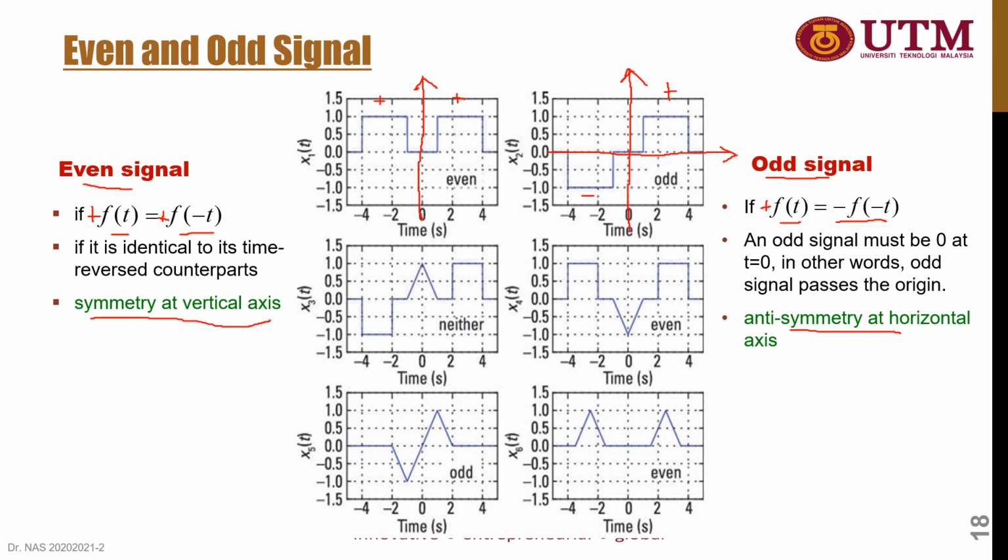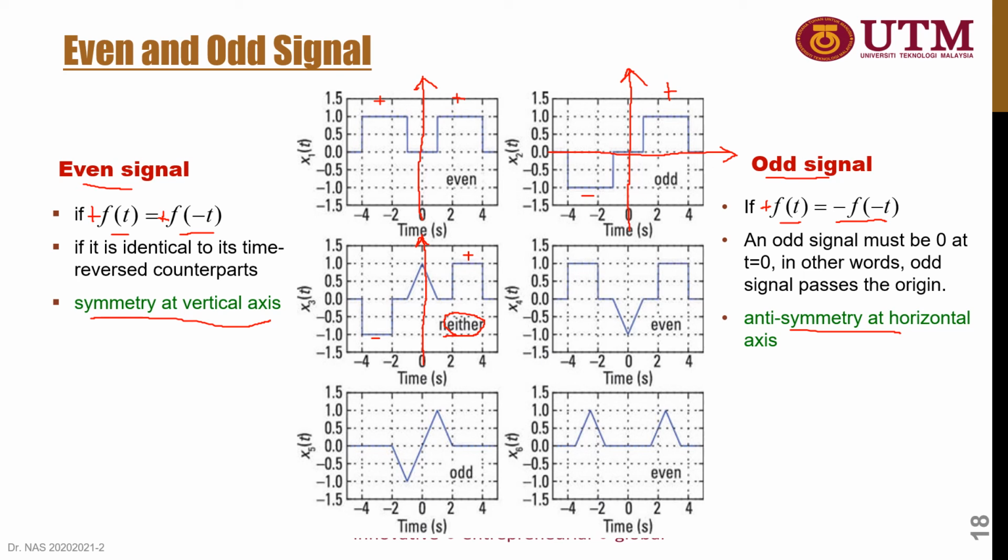Look at the rest of the figures. Next, look at this figure. When you look at the vertical axis, you can see that the signal is basically a mirror image, so we can say this signal is an even signal. How about the next one? This is positive and this is negative. Here you can see it's even, but here it is odd.